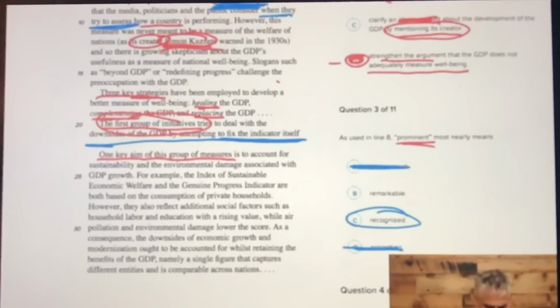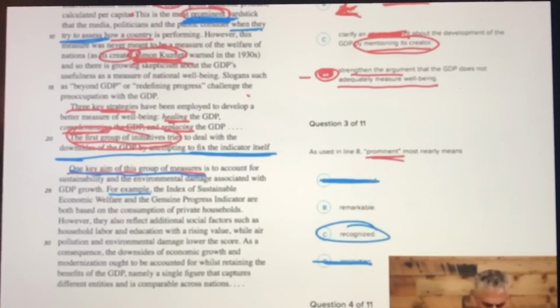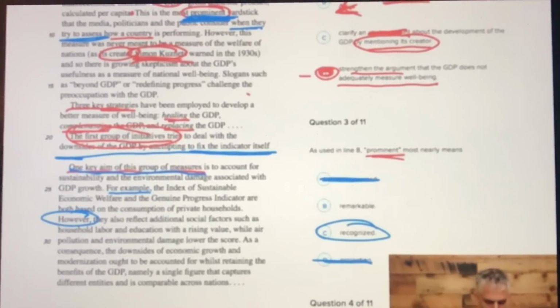And then I may have to go down here because there's clearly some information here in this paragraph because it's about that whole indicator. One key aim of the group of measures is to account for sustainability. It gets kind of dense. For example, that's going to be supporting evidence to support that claim. There's a however. I'm going to circle that. That's a but I'm going to circle.